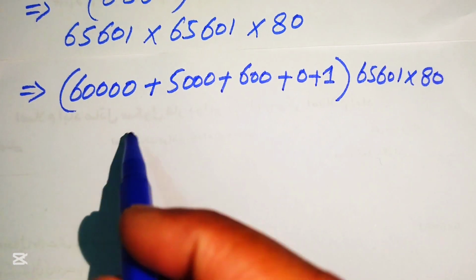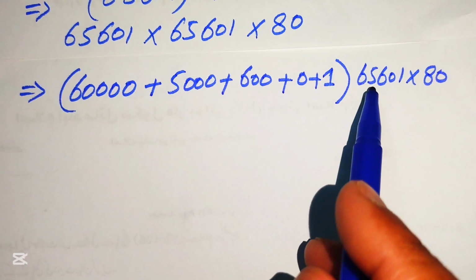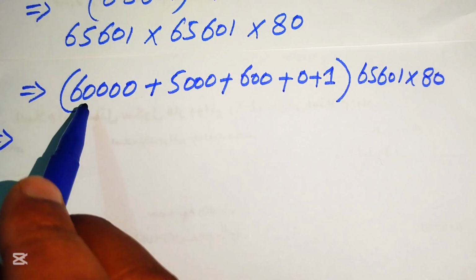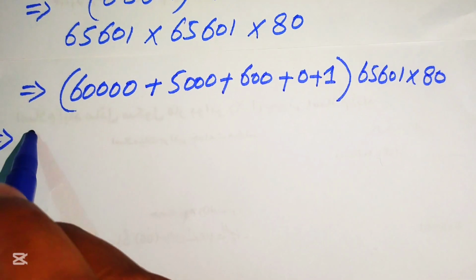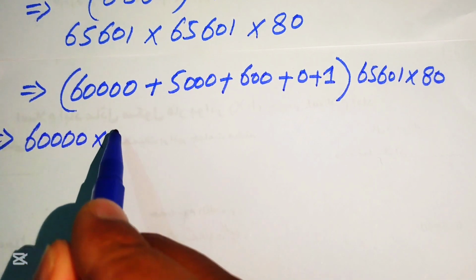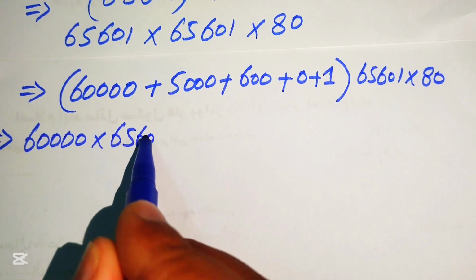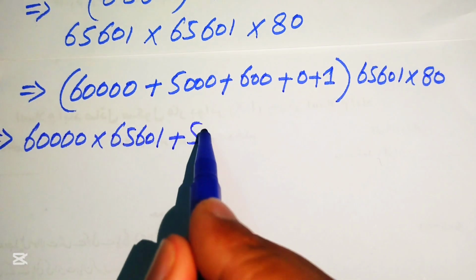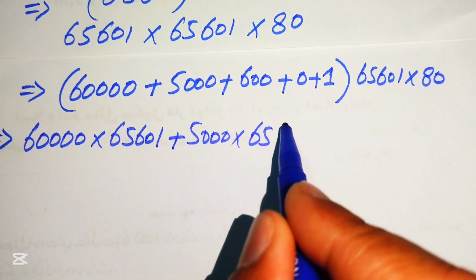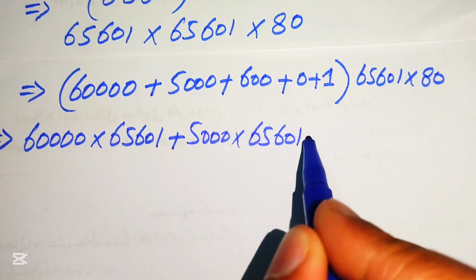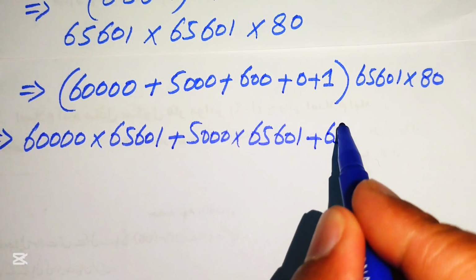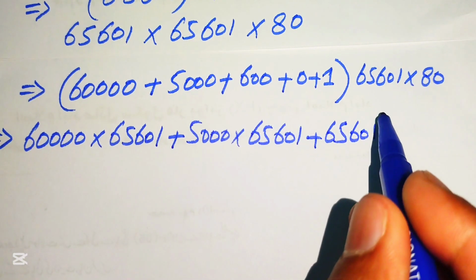So here we just multiply this number with this whole number, and we will write separately here. We multiply these numbers as 600 multiplied by 65601, plus this 5,000 multiplied by 65601, plus 0, and we multiply 1 by this, and we get 65601.